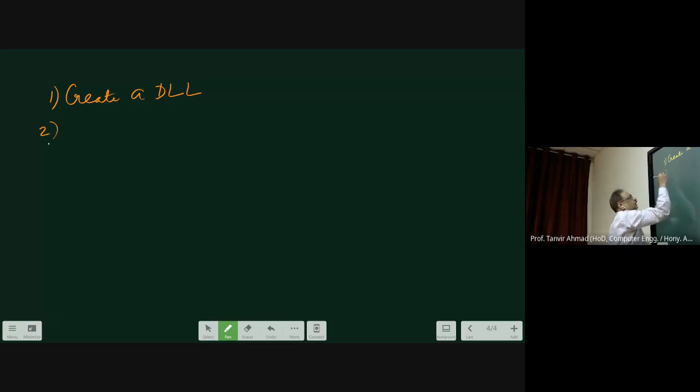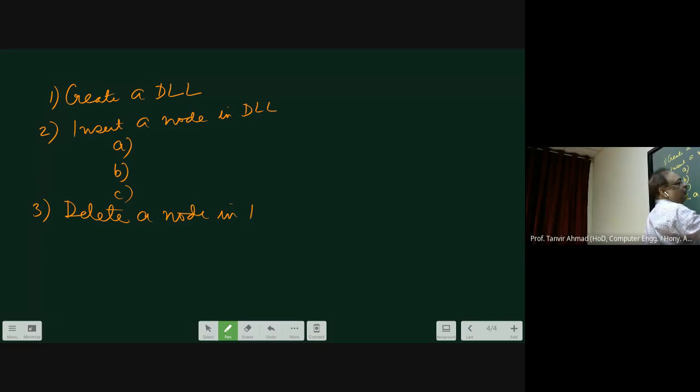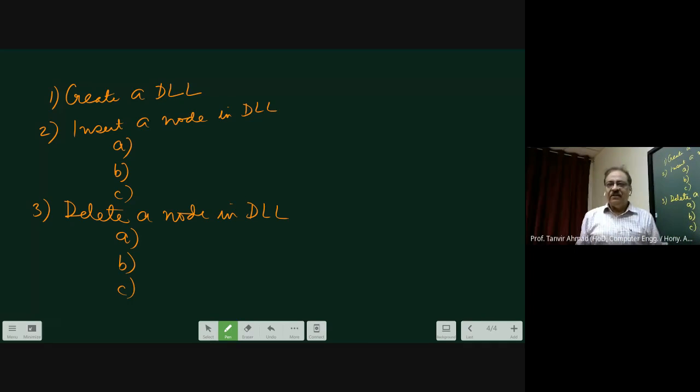Then insert a node, all the types A, B, C, then delete a node in a double linked list, again types A, B, and C, where A is insert at beginning, B is insert anywhere, and C is insert at end.